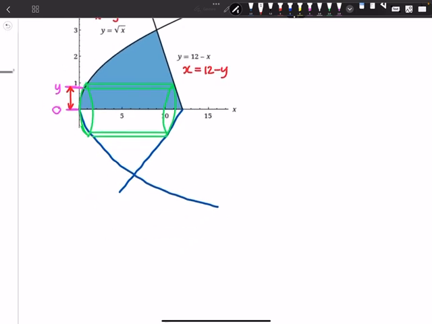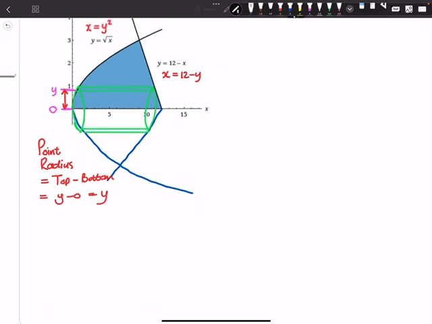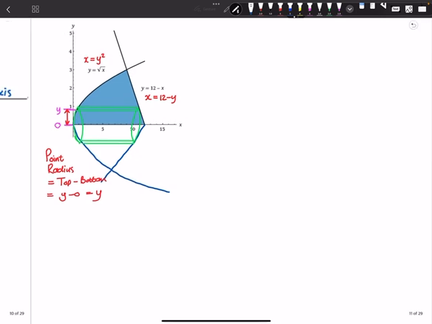So for this problem, I'll put this over here. The point radius, in this case, top minus bottom, because it's always a distance, it's going to be y minus 0, so it is just equal to y. So I'm going to go ahead and set up this integral.